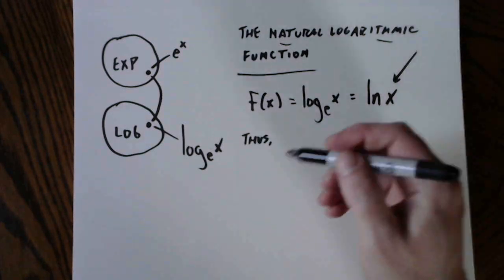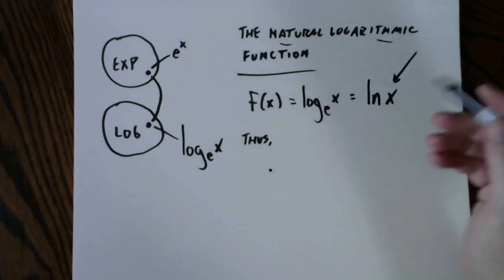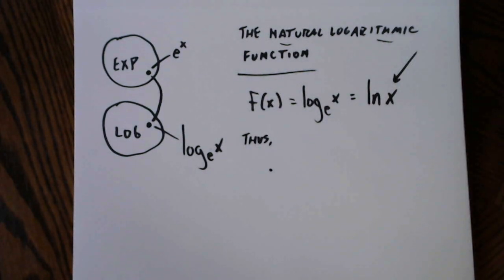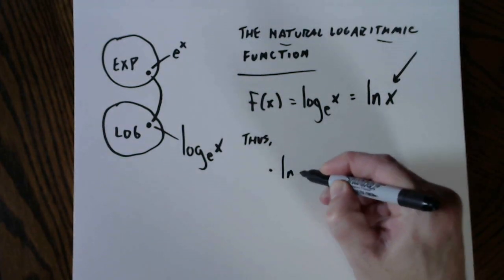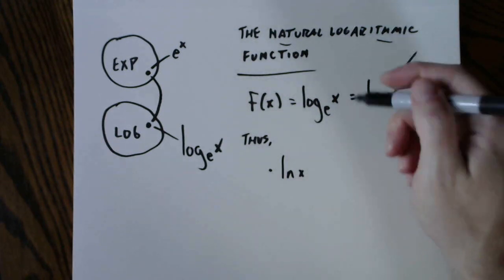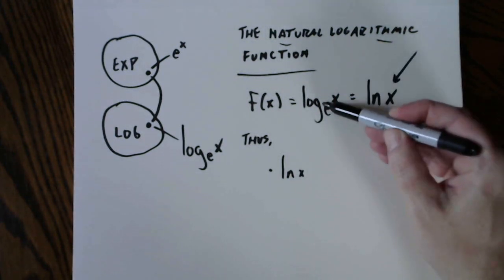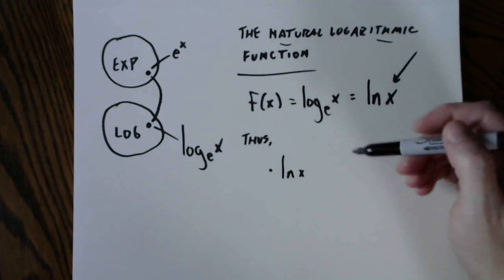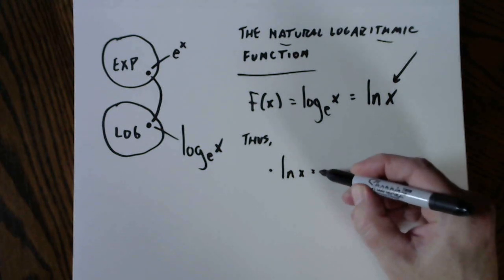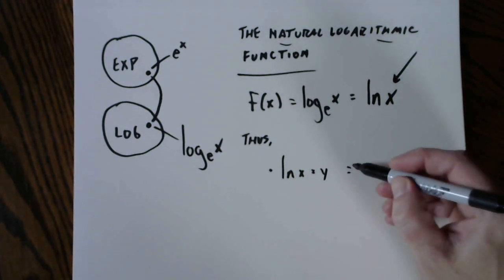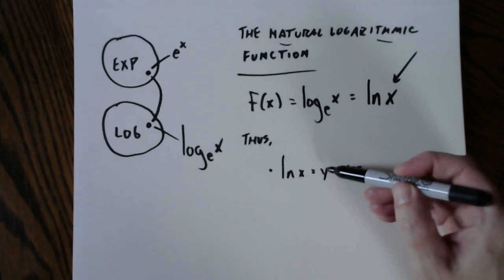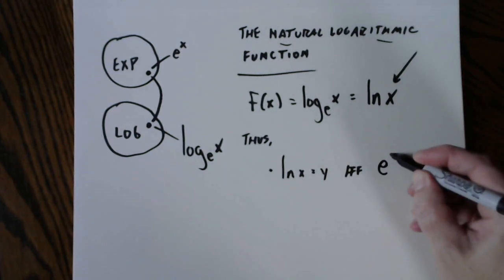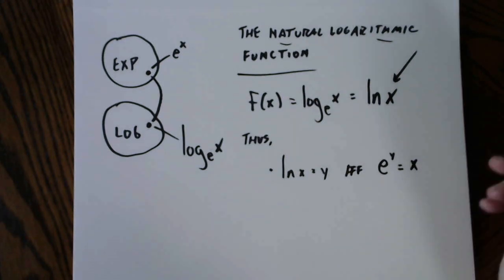So again, the definition of a logarithm: ln x, what number is that again? This is what I have to put on e to get x. So if this is some value, this is if and only if this is some value, this is the exponent I put on e to get x.